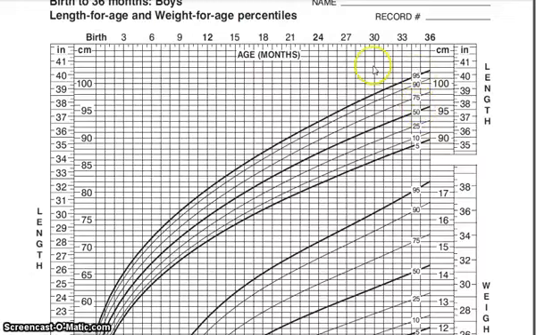Okay, let's take another example. Let's say we have a 36-month-old boy, okay, who is about 37 inches in this case. So right here we see the line for 36 is all the way here towards the right. And if we come down, in this case we were in inches, so this is 37 inches.